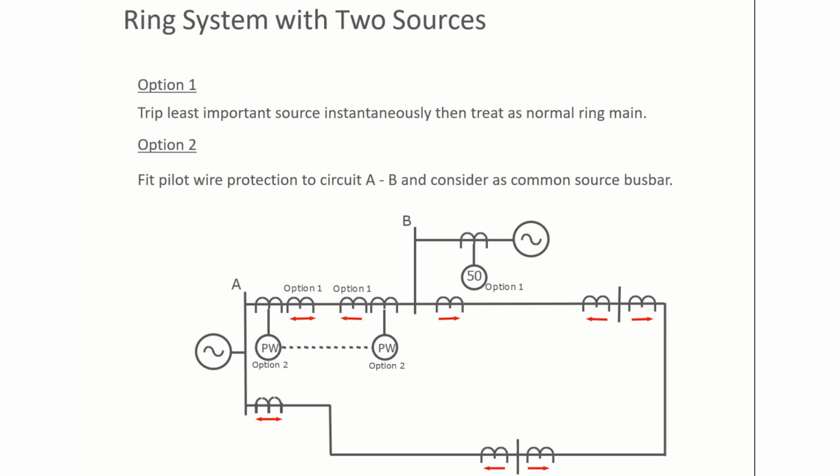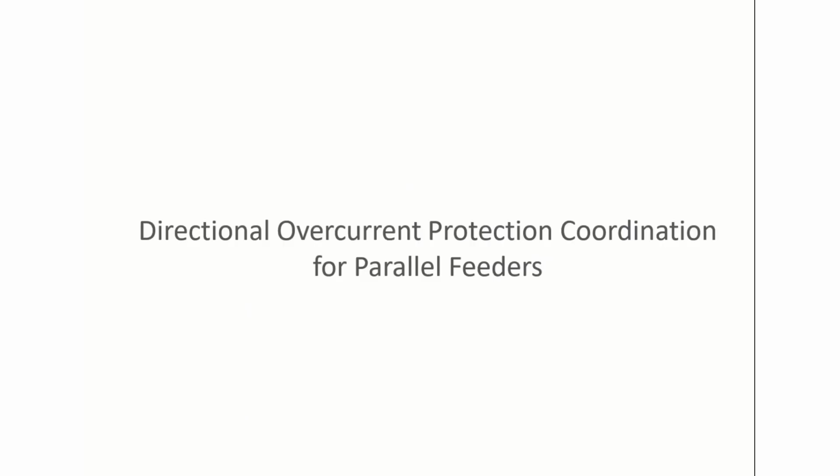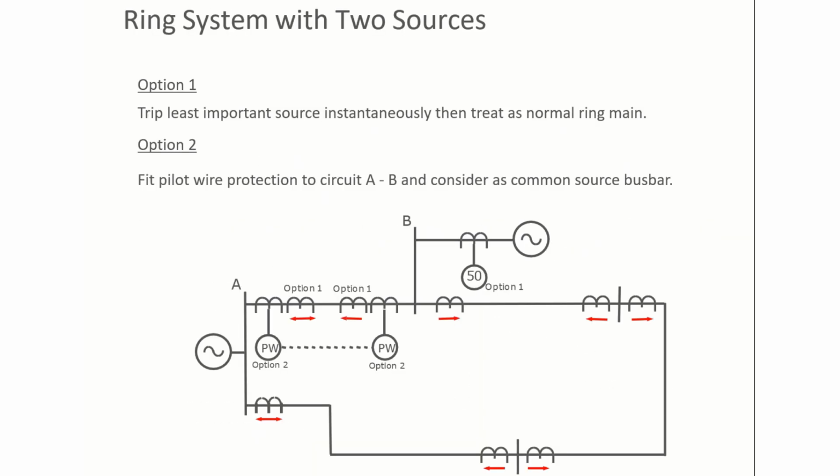We will discuss in detail this pilot based overcurrent protection in our upcoming sessions. This session we will keep only up to this point, because in the upcoming sessions we will discuss pilot based overcurrent protection, and then the coordination challenges for parallel lines: how to do coordination in parallel lines with a single source, and in parallel lines with multiple sources. We will discuss these in the upcoming sessions.